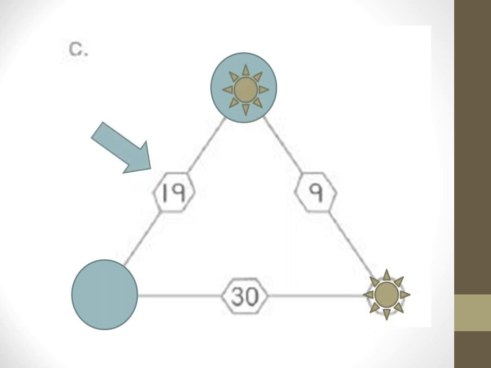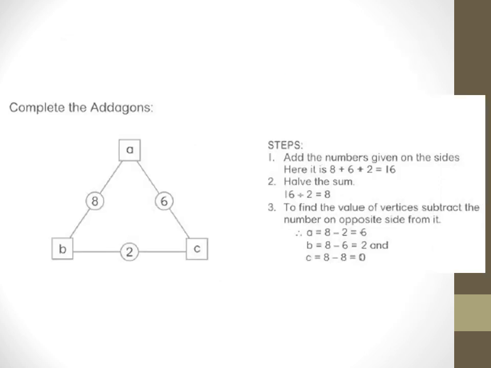The addition of these 2 numbers will be 9. And the addition of these 2 numbers will be 30. So, can you think of a way how we can do this? If yes, that is very good. If no, then I am showing you how you will do this type of problem.